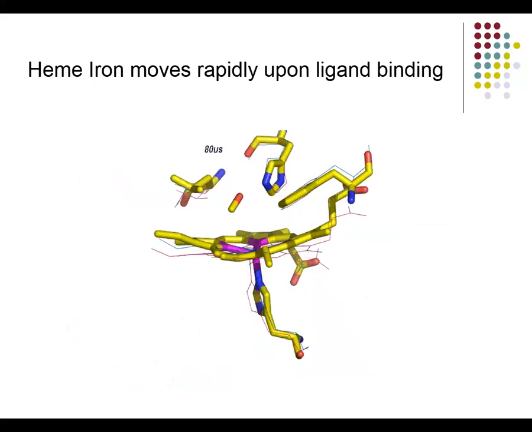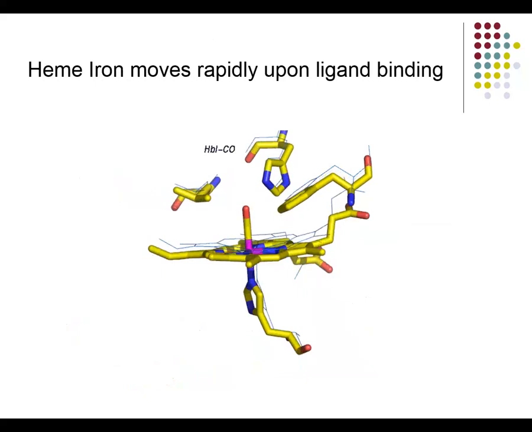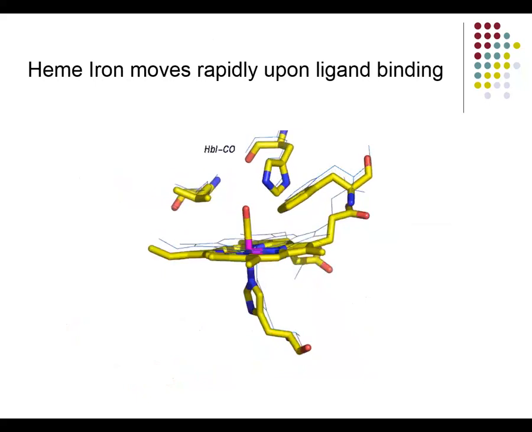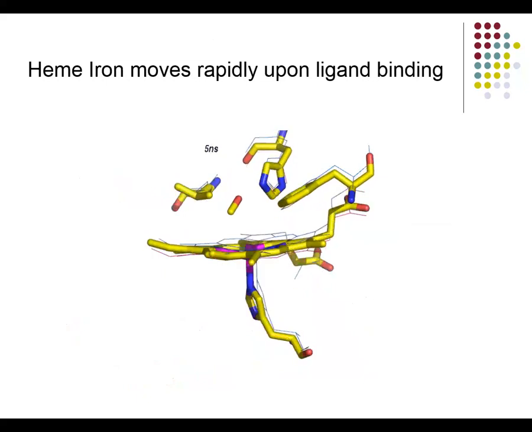In this particular figure, we have the heme group bound to a ligand, in this case carbon monoxide, and initially the heme iron, which is shown in magenta, is within the heme plane. However, as soon as the ligand is released, it docks into a site within the distal pocket, and immediately the heme iron moves out of the heme plane.